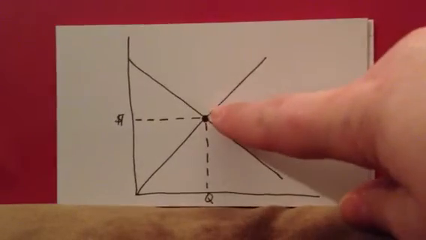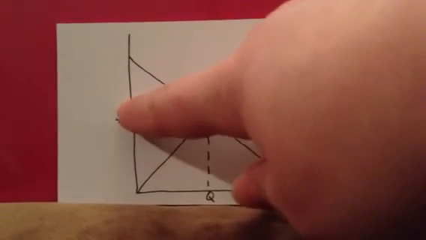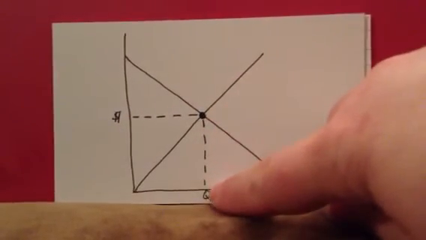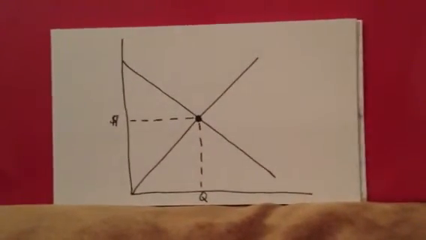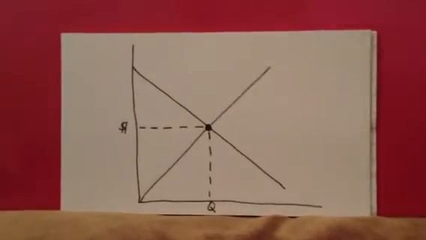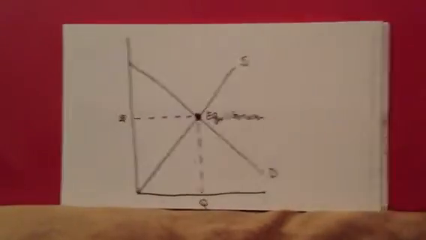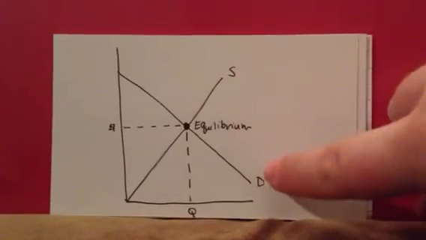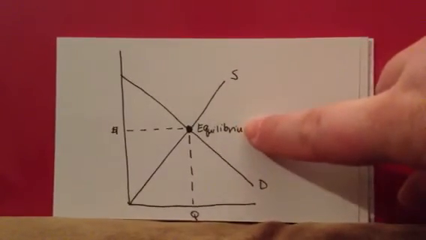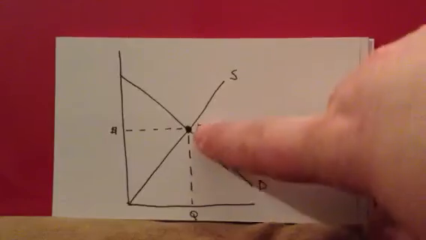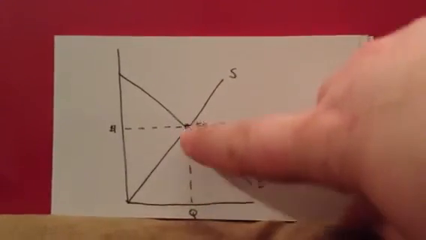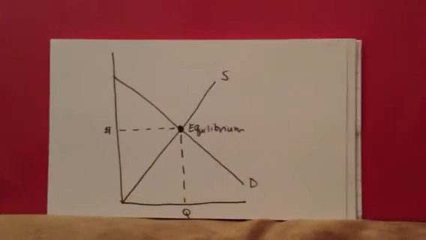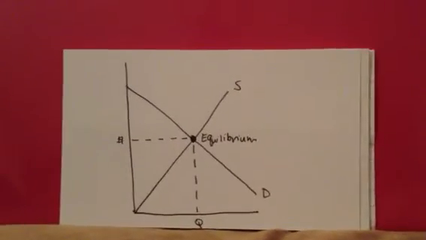So we know this point here is going to be a money value, and this point here is going to be a quantity, which tells us how many. If we put all of these together, this is what that whole snapshot looks like: supply, demand, the equilibrium, the quantity at equilibrium, and the cost at equilibrium.